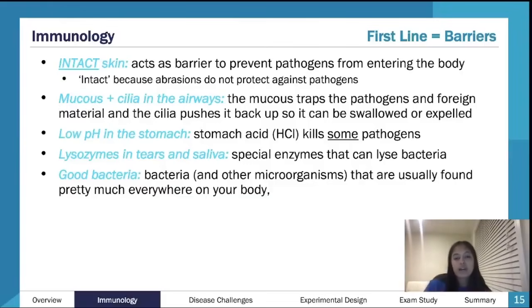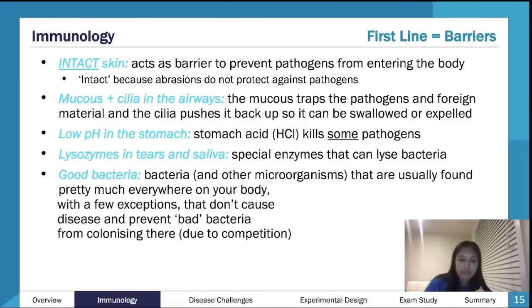They're found in other places on your body, with a few exceptions that are sterile areas. This microbiome helps because it competes with your bad bacteria. It's a little bit of good versus bad. Let's say you have a poor microbiome. I was talking about opportunistic pathogens before.